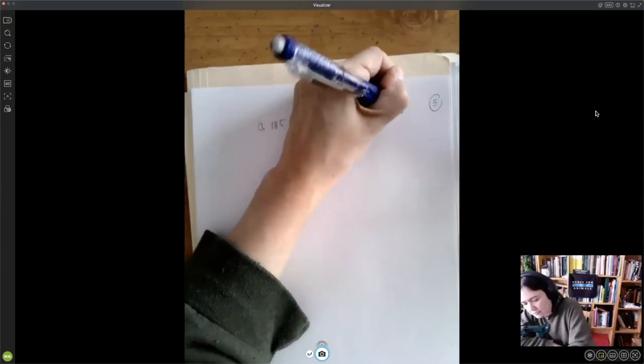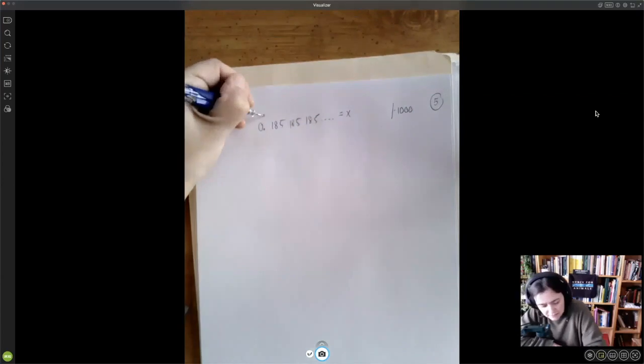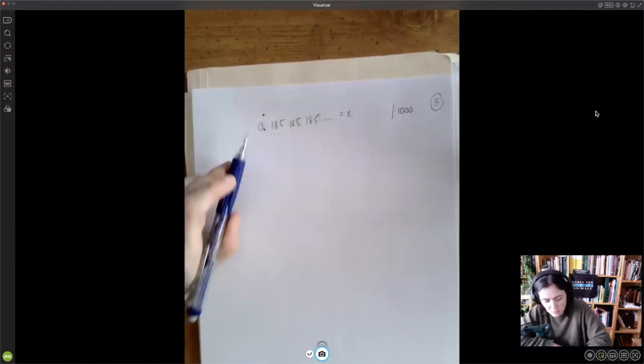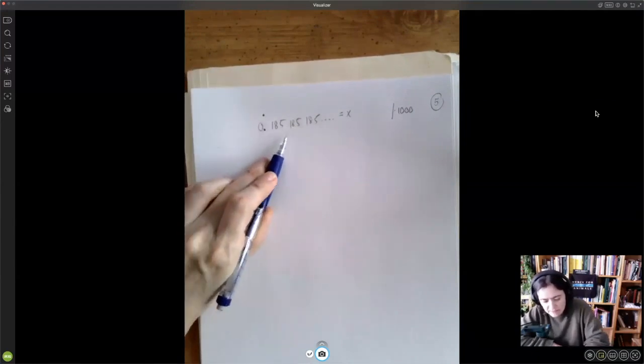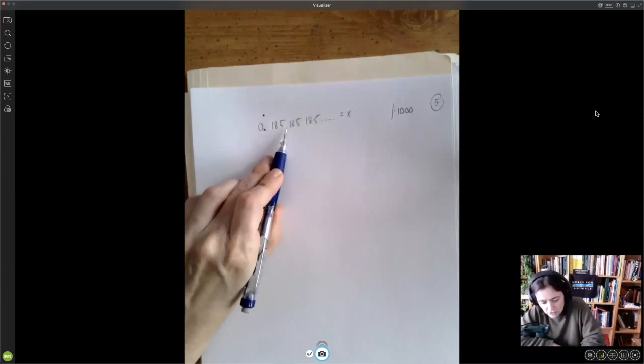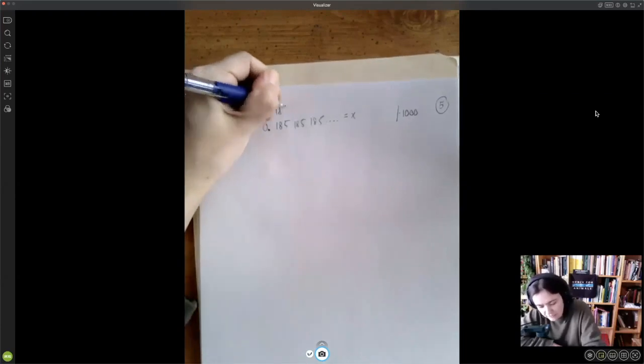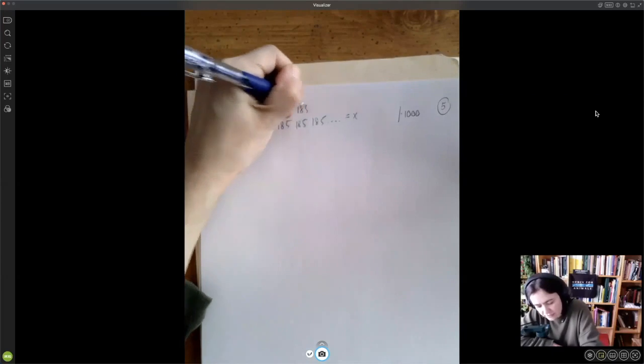So when we do that, we know that the next step is a subtraction. So we align it decimal by decimal. So when we multiply this number by 1,000, we just get 185.185185.